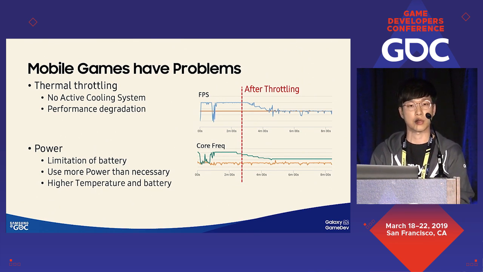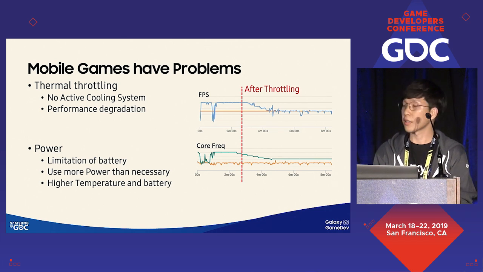Mobile games have some problems. First, mobile devices don't have an active cooling system, so there are limited ways to prevent heat. When running high-spec games using high CPU and GPU frequency for performance, the temperature rises. When the temperature exceeds a certain level, thermal throttling happens. To reduce the temperature, the governor significantly decreases CPU and GPU frequency, so performance drops sharply.